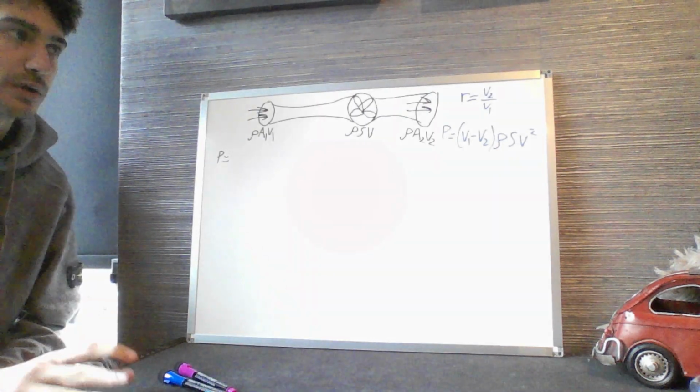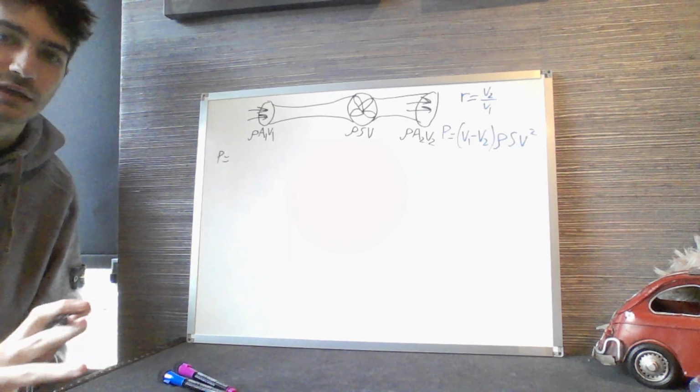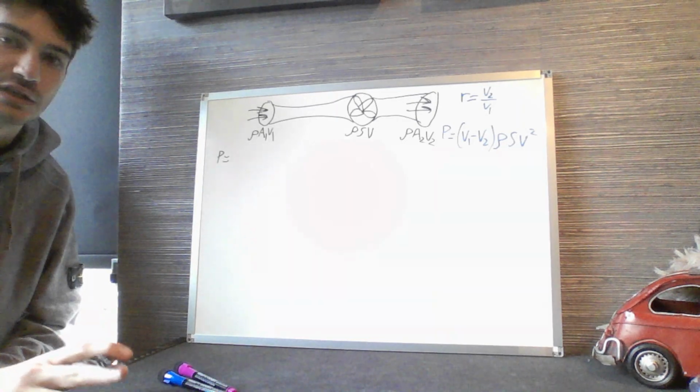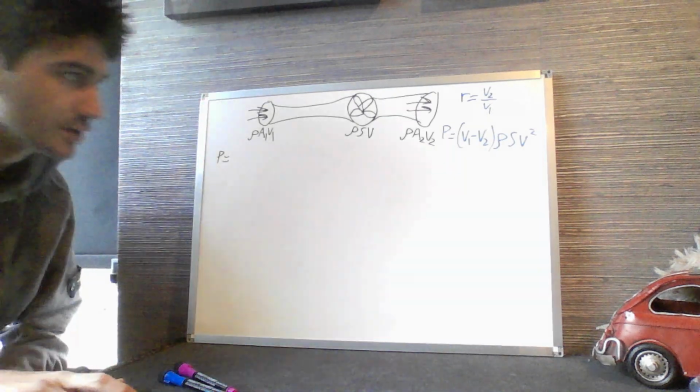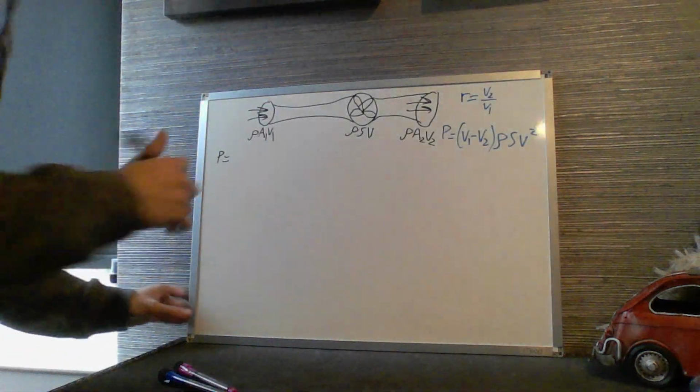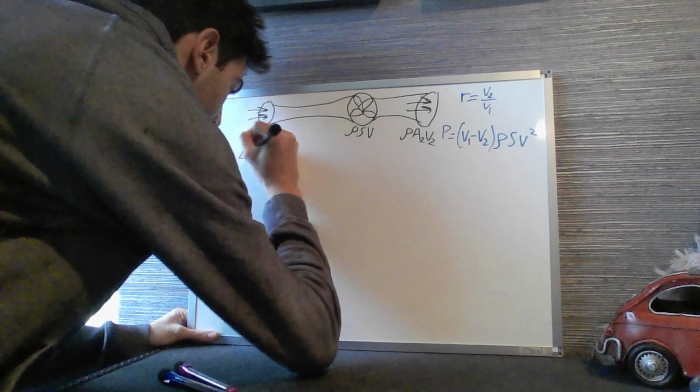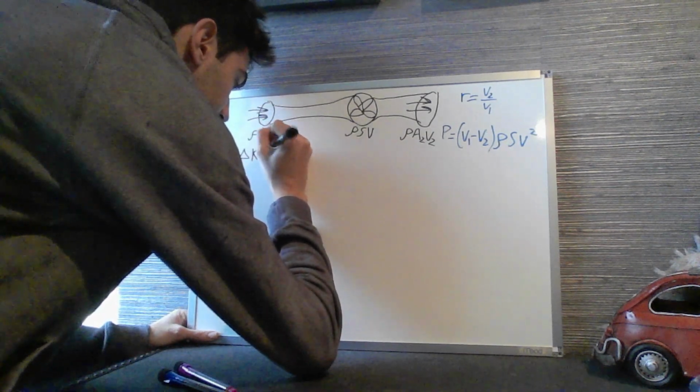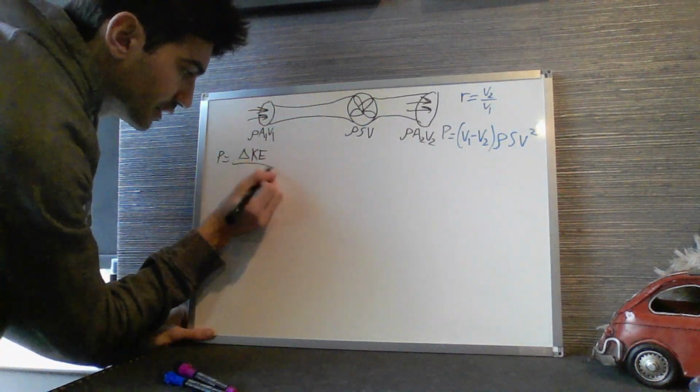So what I'm going to do is, like I said, we'll be using a kinetic energy balance. So if we think about the change in kinetic energy, right? Change in kinetic energy is measured in joules.